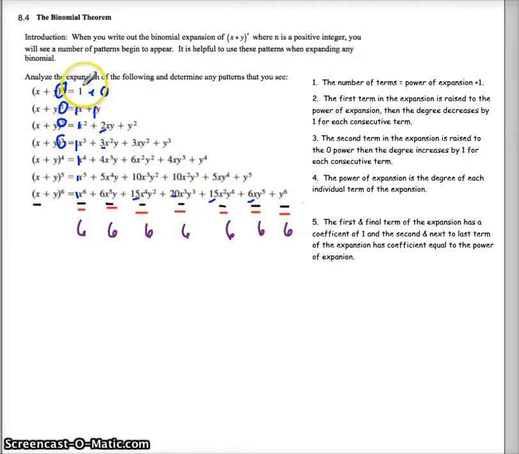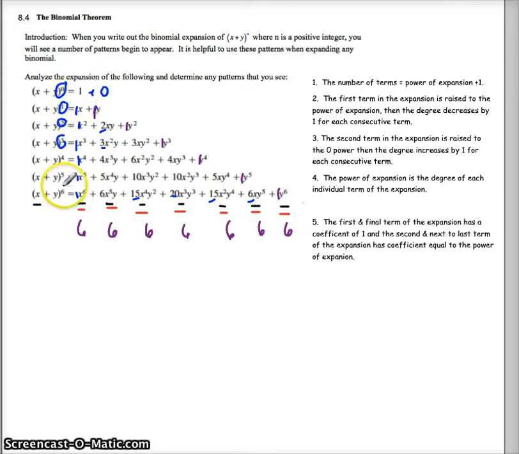In addition to the first term having a coefficient of 1, the last term will also have a coefficient of 1. So the first and last terms of a binomial expansion will have coefficients of 1. In addition to the second term having a coefficient that matches the power of expansion, the next to last term will have a coefficient that matches the power of expansion.